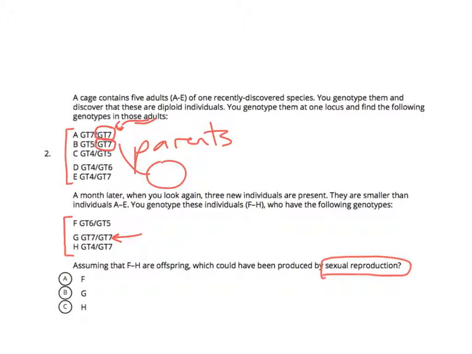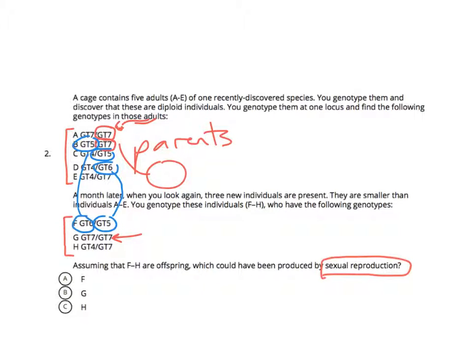Which of those 3, F, G, and H, could only be produced by sexual reproduction? So F is the only individual here where you had to get a 6 and a 5 necessarily from 2 different individuals in the parents. So all 3 of those genotypes could be produced by sexual reproduction.